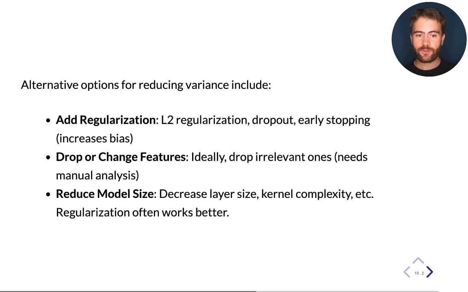And finally, the last thing you could do is try to reduce the model size directly. For example, you could decrease the size of the neural network layers that you're using, or you could use a simpler kernel. Instead of using a high degree polynomial kernel, you could use a low degree polynomial kernel or even a linear kernel.